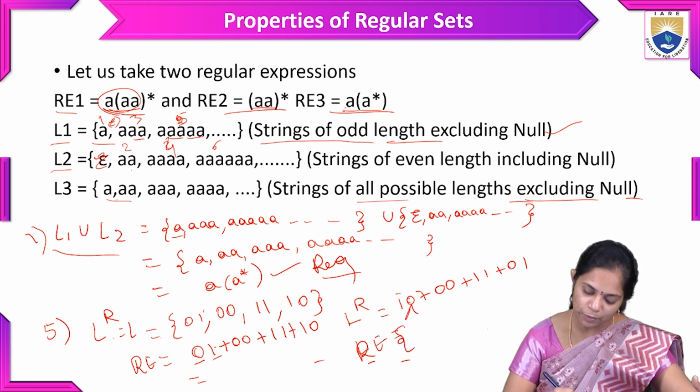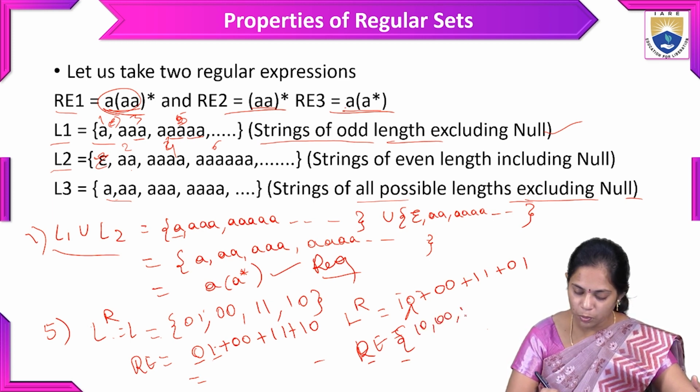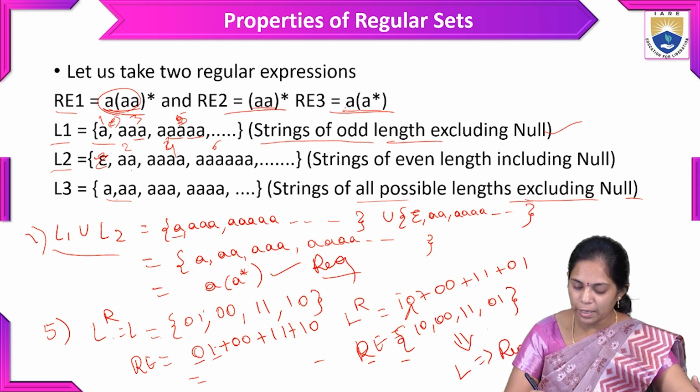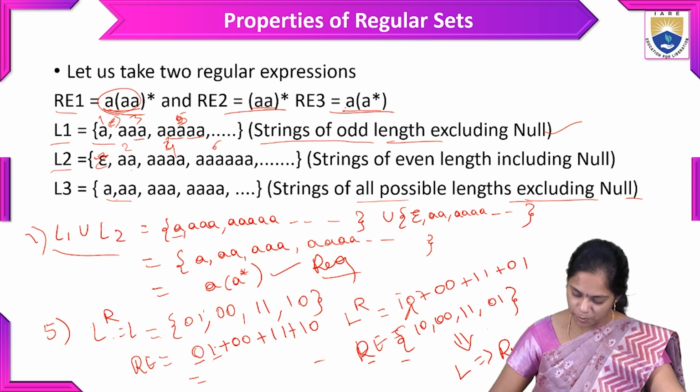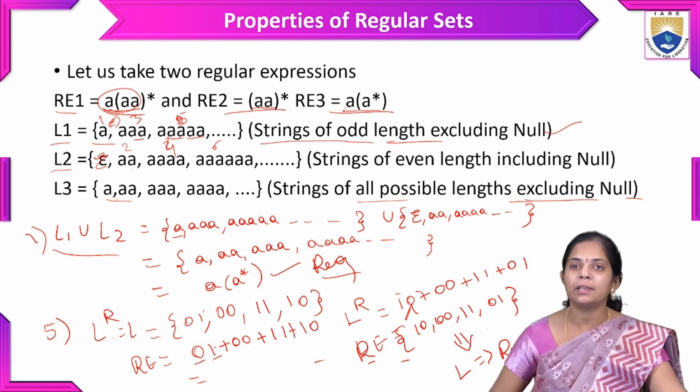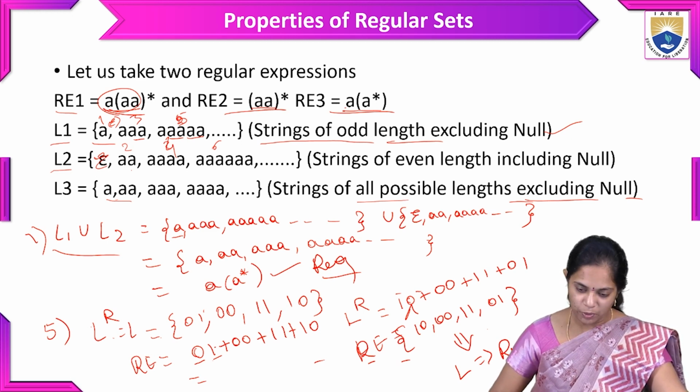And what is the language? The language is {0, 10, 100, 01}. So this is also a regular language. Like this, if we perform the reverse operation, we will get a regular language.